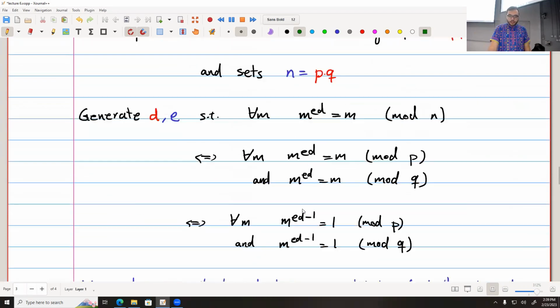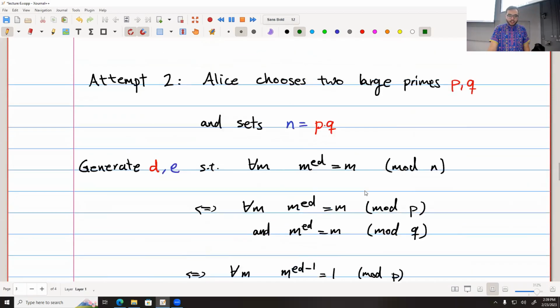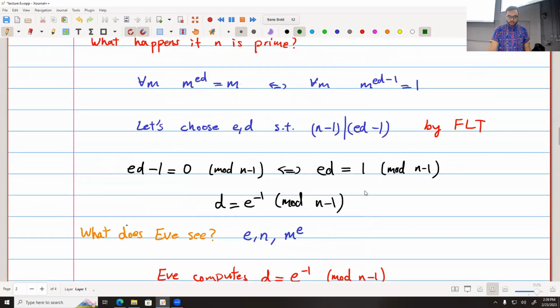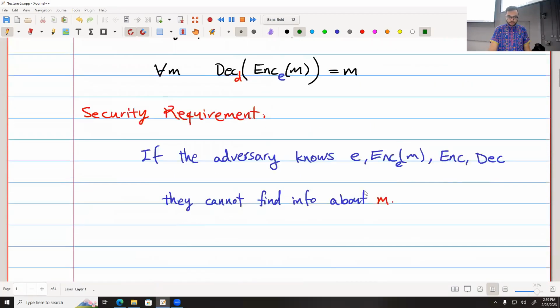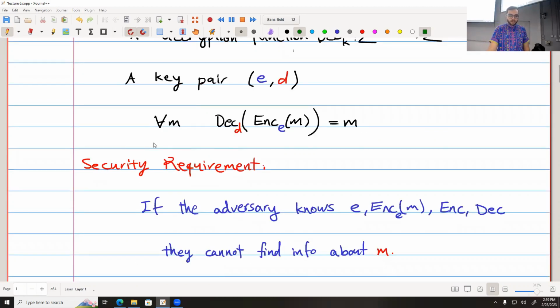Now, based on all this math that we did here, it's pretty obvious that we have this property, that if I encrypt something and I decrypt it, I get it back, right? But I had this before as well. What I care more about now is the security requirement.